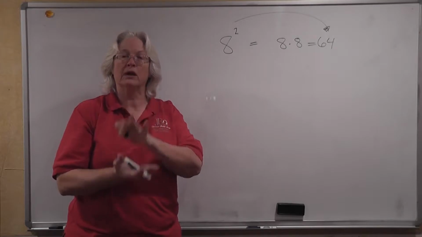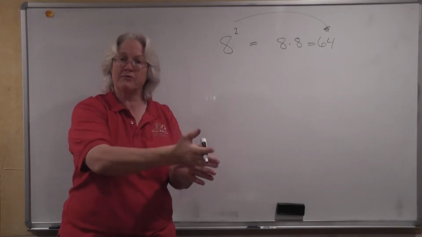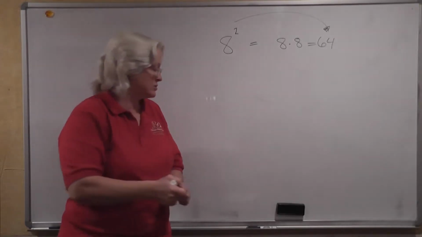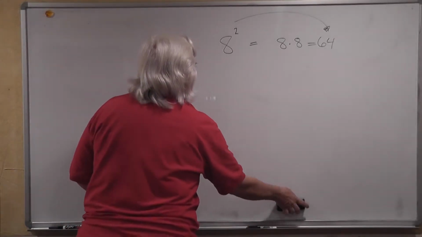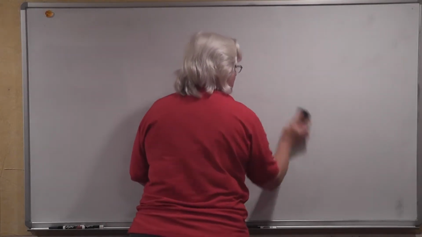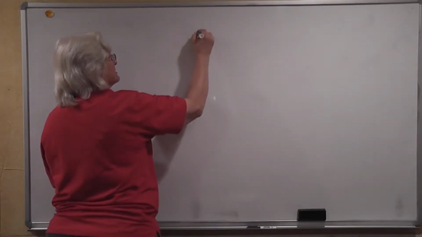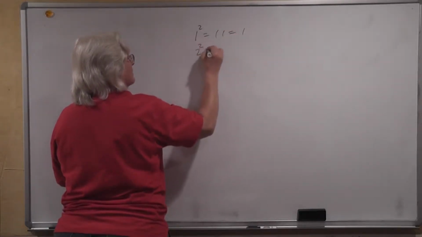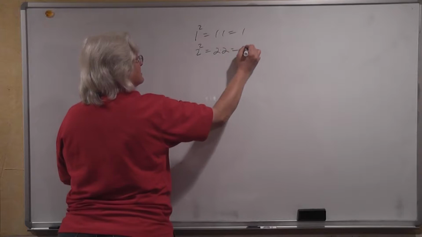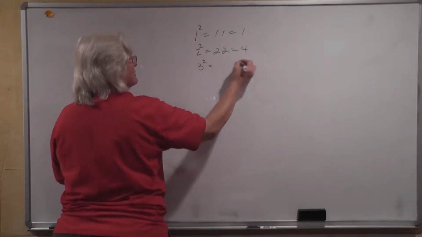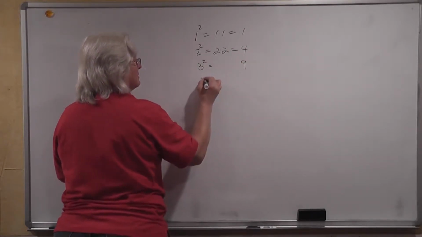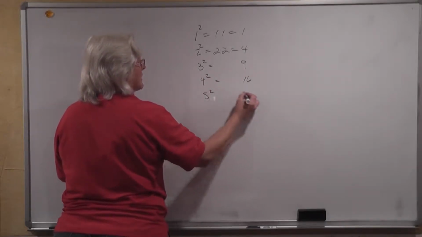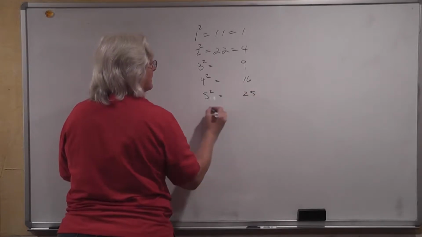And you can continue to learn the first 15 or 20 perfect squares. What do I mean by perfect squares? We're going to take our numbers. We're going to say 1 squared is equal to 1 times 1, which is 1. 2 squared is equal to 2 times 2, which is 4. 3 squared is 3 times 3, which is 9. 4 squared is 16. 5 squared, 25.